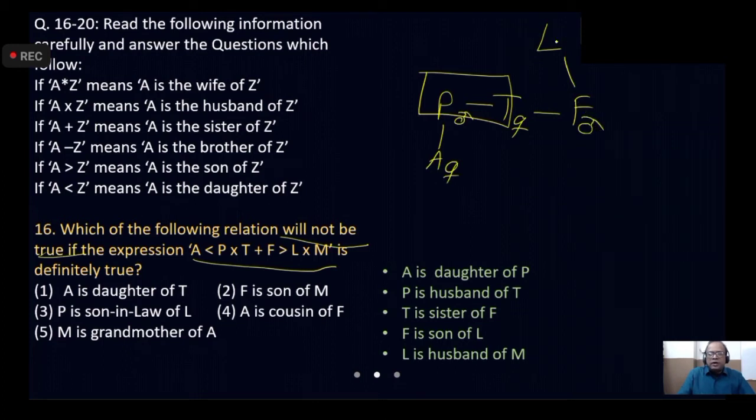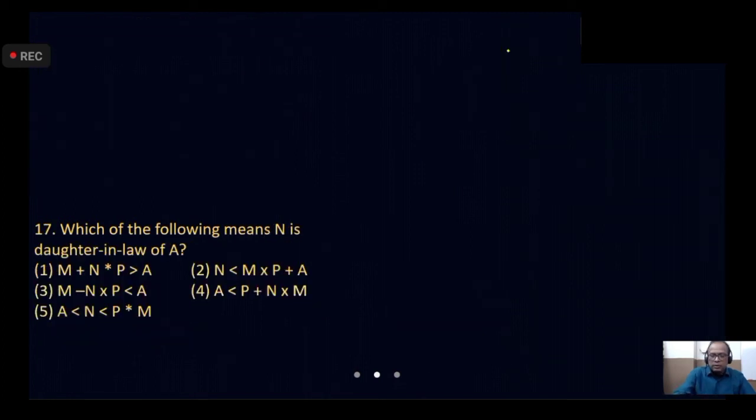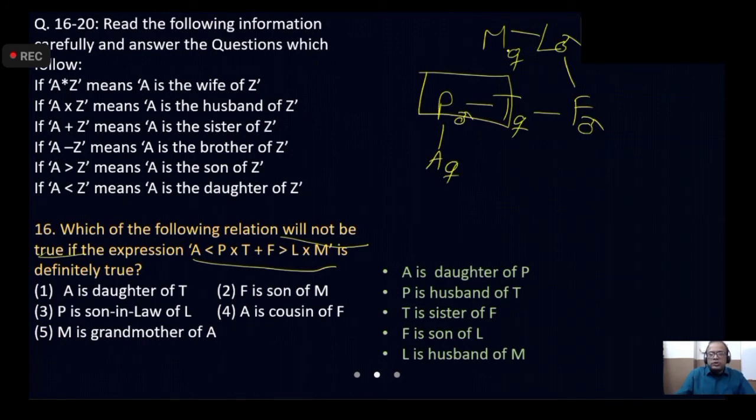When F is son of L, T is daughter of L. It goes without saying. Then L is husband of M, which means L is male, M is female, and so these two are a couple.